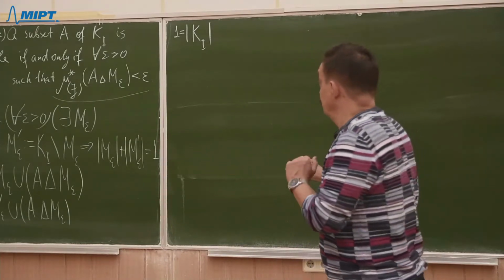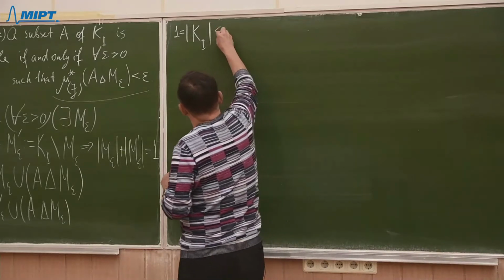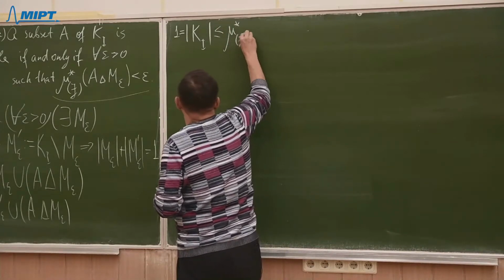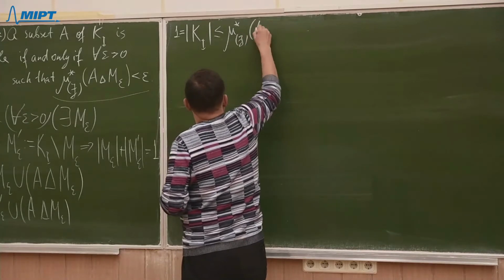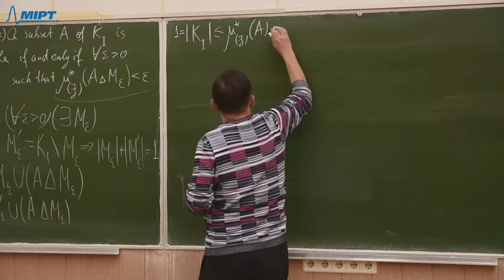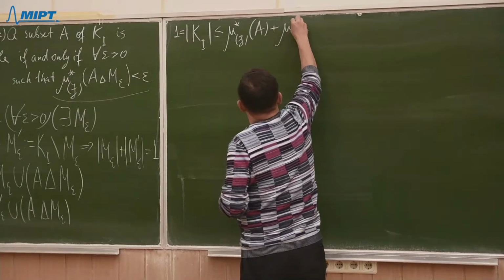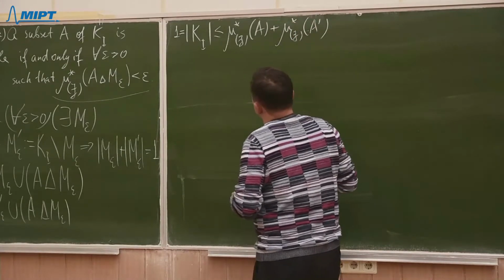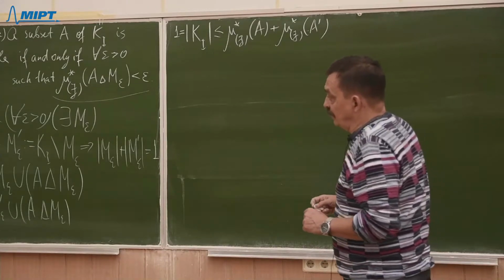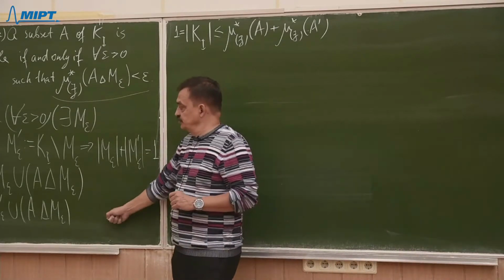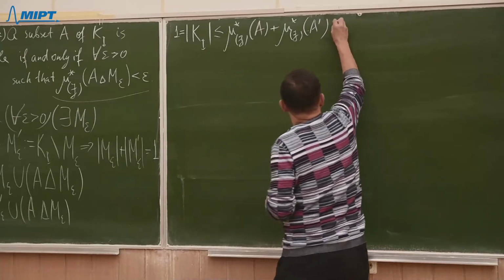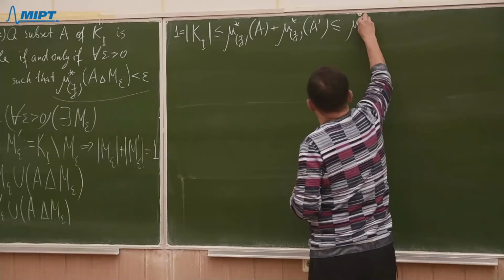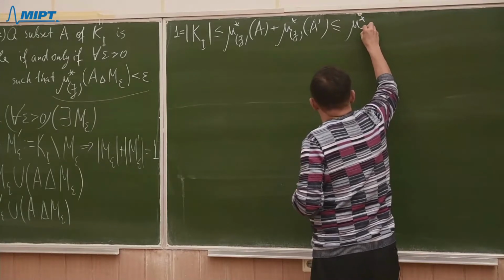So I can write the inequality like that. Outer measure, maybe Jordan or Lebesgue, doesn't matter, of A plus outer measure of A prime.